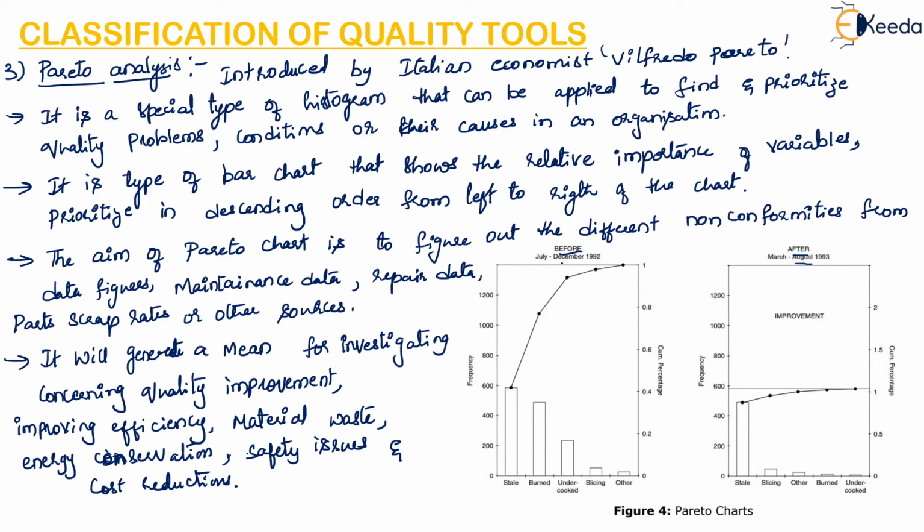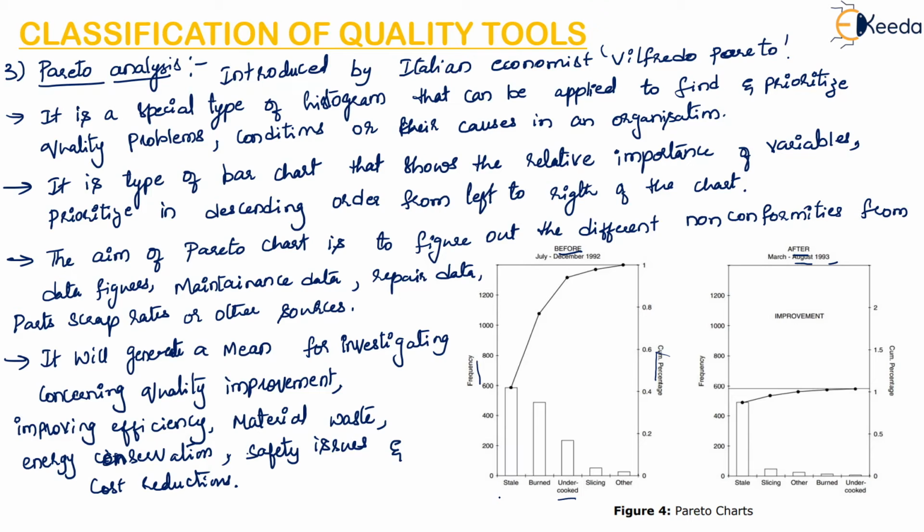So here this is July to December 1992 and this is in the months March and August 1993. So here we can see that this is the frequency. Here they have given the percentage, this is the frequency, and these are the different types of processes.